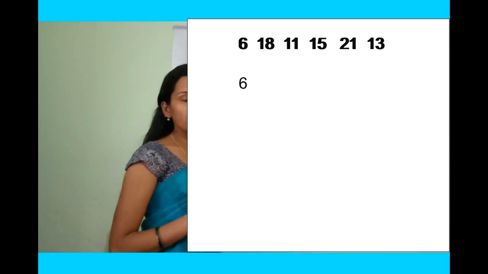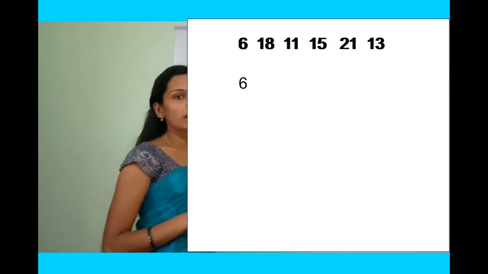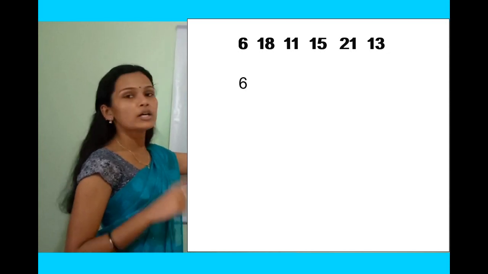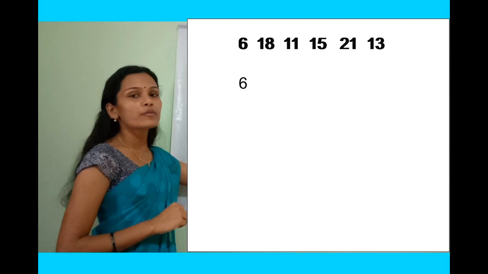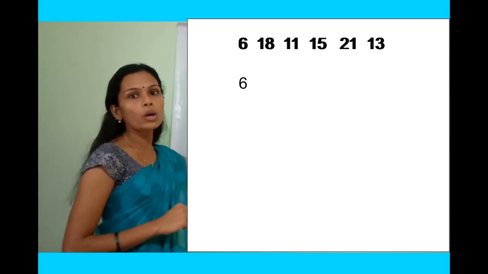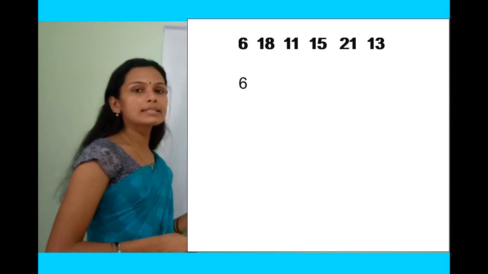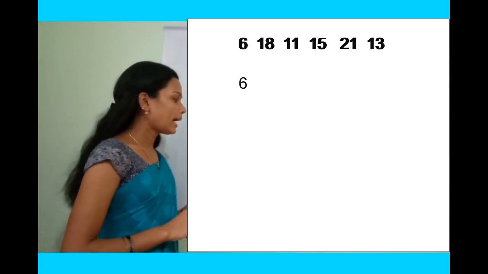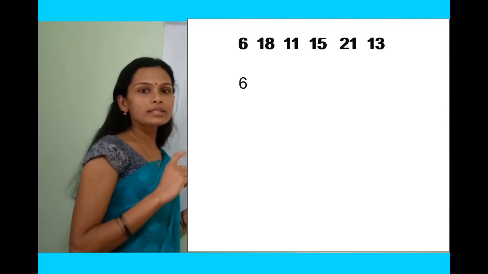Then compare the other numbers and find out the smaller number. Since all the other numbers have 2 digits, we have to compare the first digit of all the numbers. Here 4 numbers have 1 as the first digit and 1 number has 2 as the first digit.